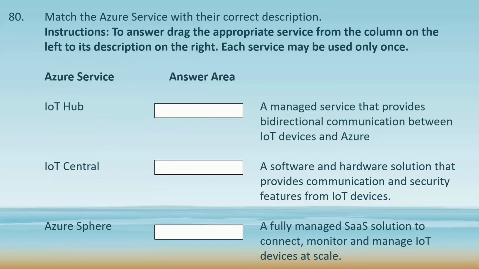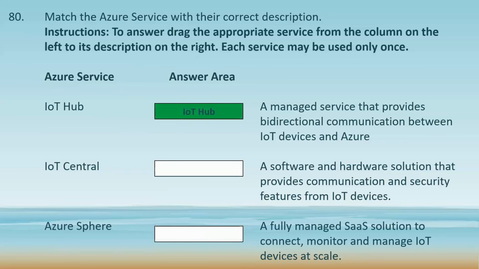And in the answer area, the statements are: a managed service that provides bidirectional communication between IoT devices and Azure. Second statement is a software and hardware solution that provides communication and security features for IoT devices. And the third and final statement is a fully managed SaaS solution to connect, monitor, and manage IoT devices at scale.